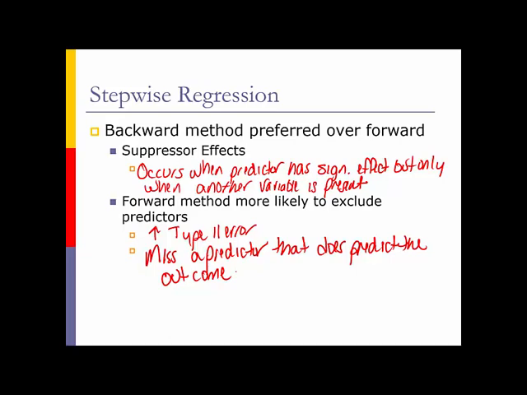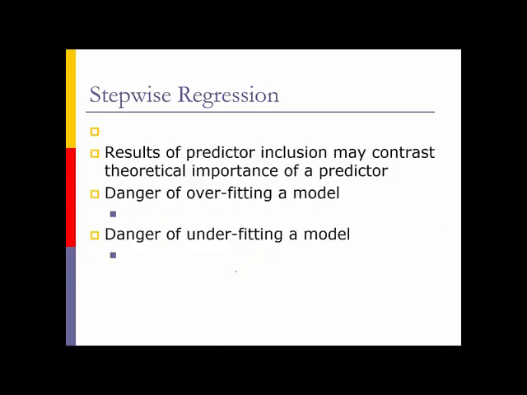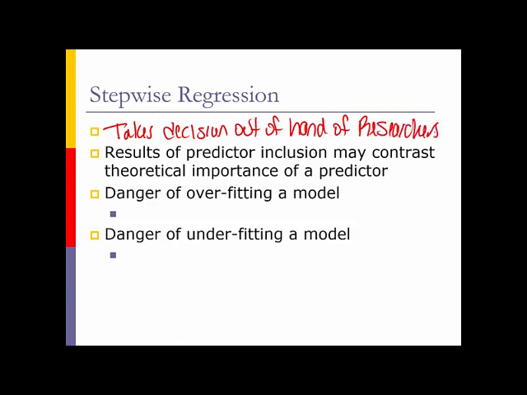So regardless, either the backward or the forward are perfectly acceptable to use, understanding the issues that you have with each. The biggest thing to understand about stepwise regression is that it's really taking the decision out of the hands of the researcher or the experimenter.